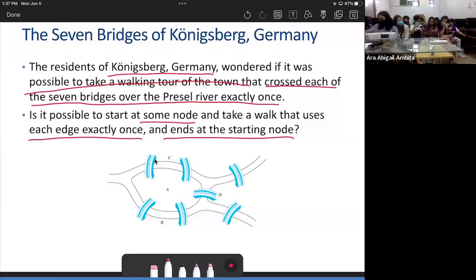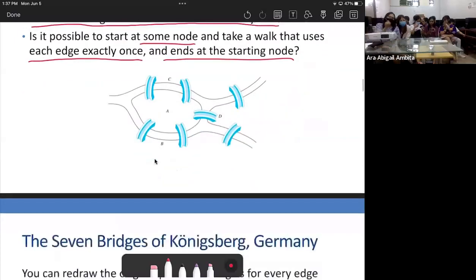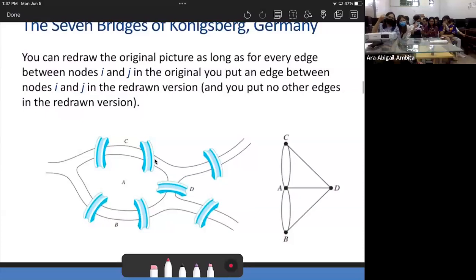Right. This bridge. Oh, hard. But so for example dito, represented here.